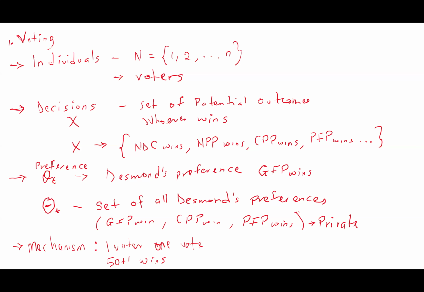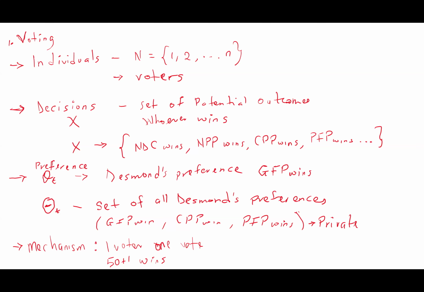To her, it's either GFP wins, or CPP wins, or PFP wins. So she has values. She's like, past MPP or NDC would win. So these two parties are not in her preference list.